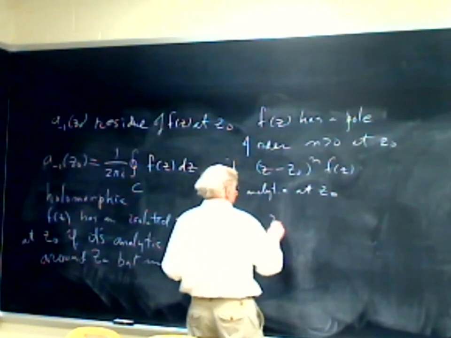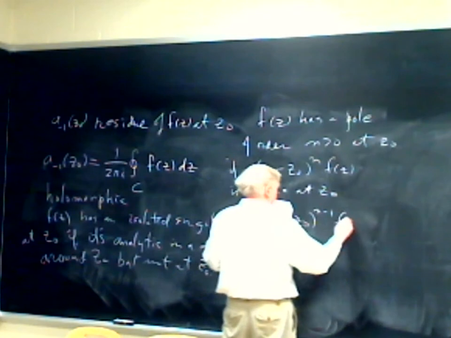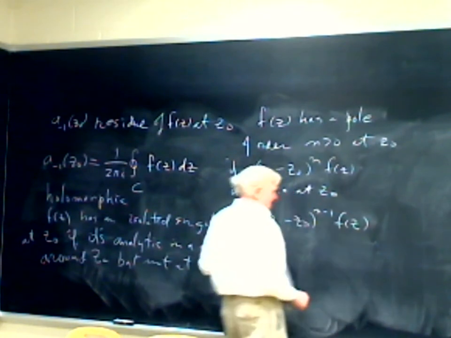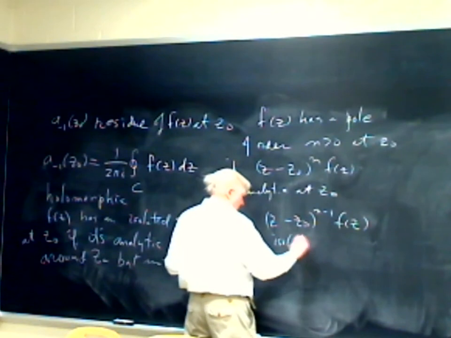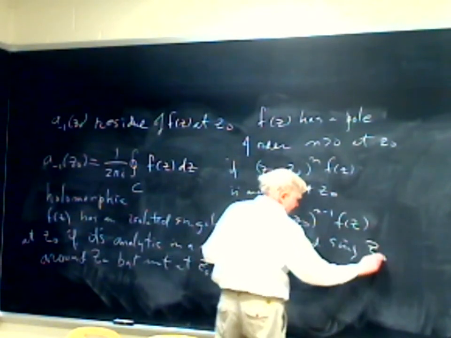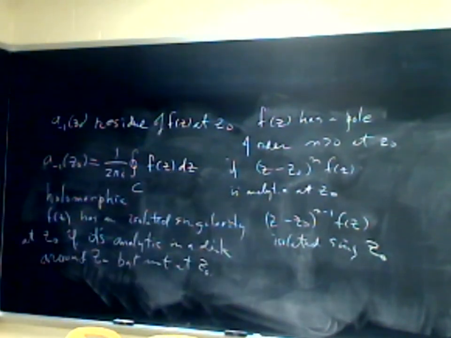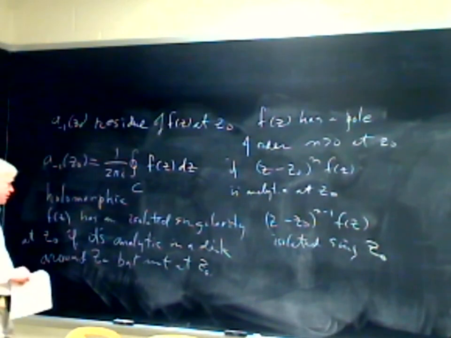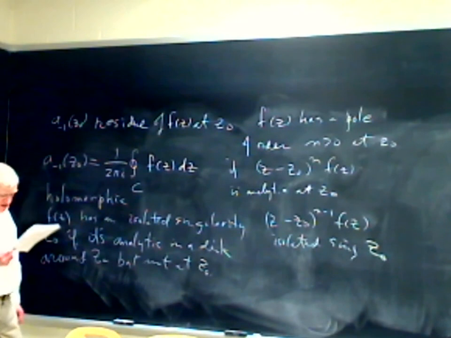But (z minus z0) to the n minus 1 times f of z has an isolated singularity at z0. All right, so these are all more or less sensible definitions.